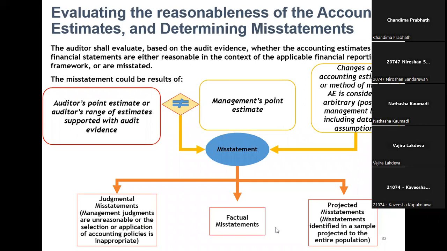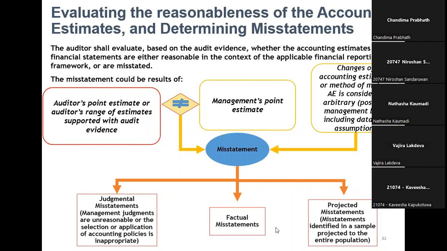Now, when it comes to accounting estimate, we are looking at judgmental misstatement. Management judgments are unreasonable, or the selection or application of accounting policies is inappropriate. Judgmental misstatement is generally associated with the accounting estimate or fair value accounting estimate. If there are issues with the method, model, or assumptions that have been used, then there could be judgmental misstatement.